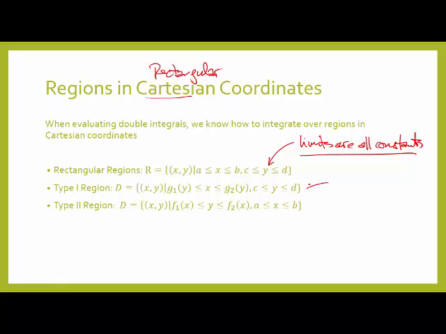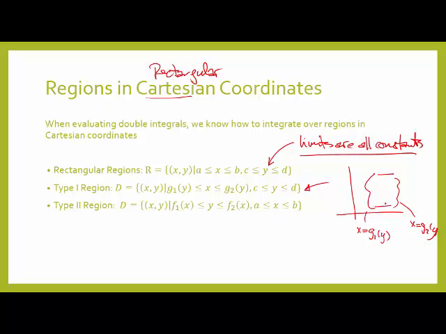So a region of what I'm calling type 1 might be something like this, where you have two functions, x is equal to g2 of y, and then x is equal to g1 of y.